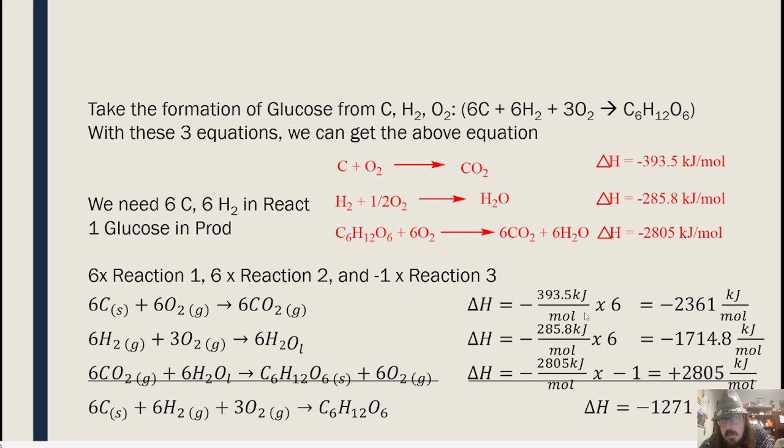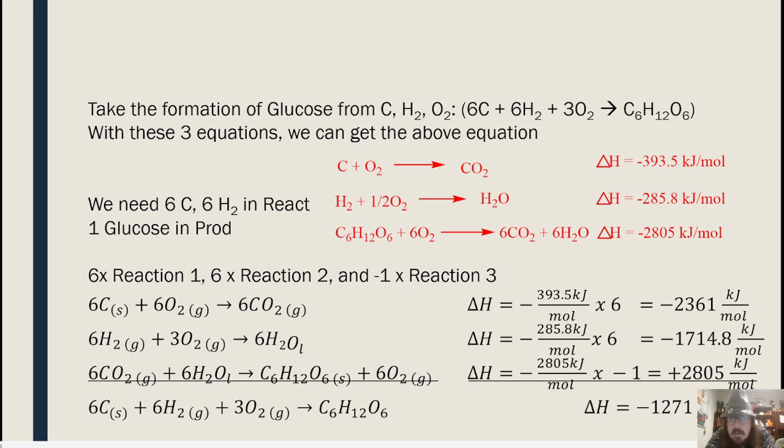Because I multiply reaction 1 by 6, I multiply its enthalpy by 6. The amount of hydrogens I need in the above equation is 6. Hydrogen only appears in equation 2. So I need to multiply equation 2 by 6. And so I multiply its enthalpy by 6 to get negative 1714.8. And glucose combustion, equation 3, is the only source of glucose, but it is on the wrong side of the equation.